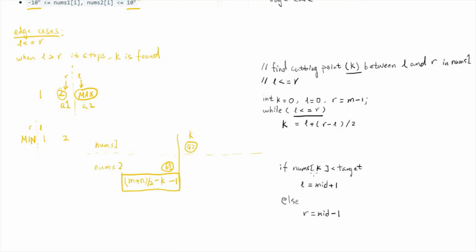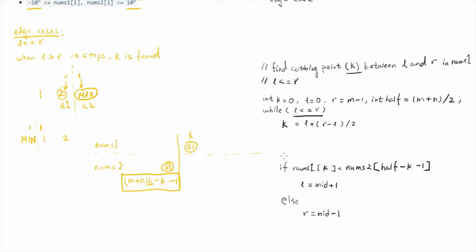Let's modify our if statement. So here is the nums1, and we compare nums1 with nums2, and the index is half size minus k minus 1. And we declare the integer half is equal to m plus n divided by 2.